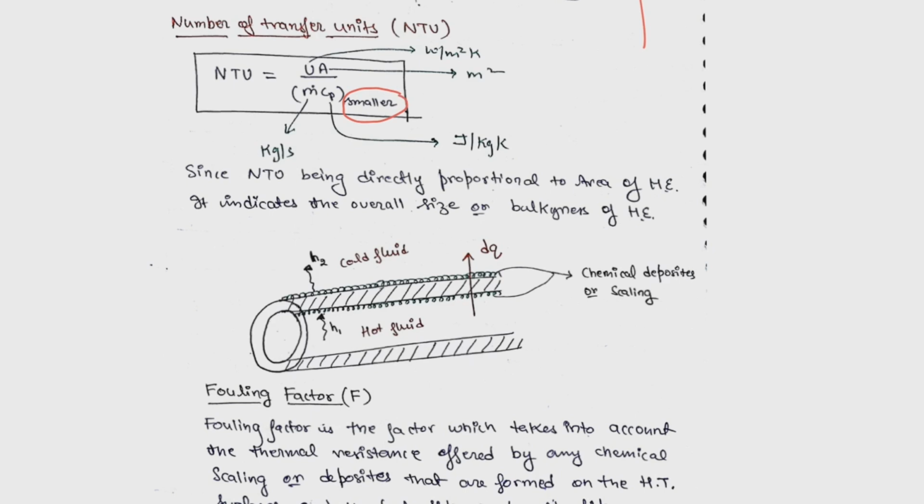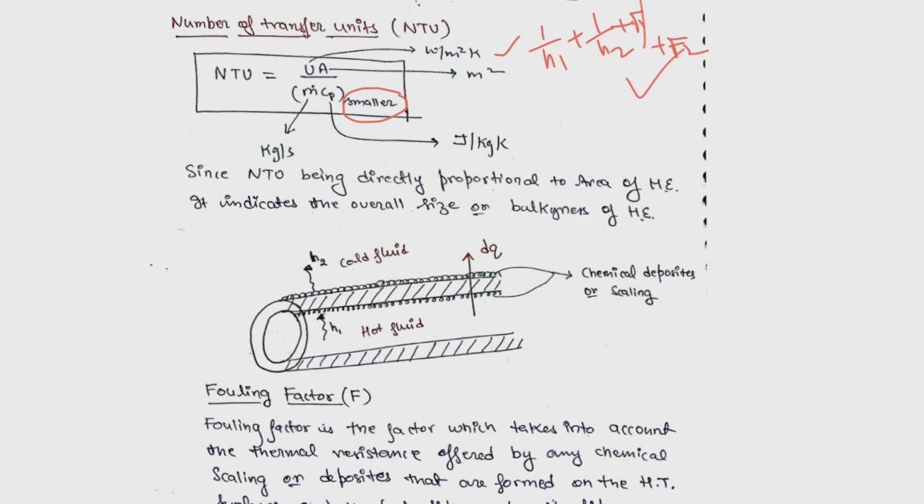This is very important, where U is the overall heat transfer coefficient, which is equal to 1 by h1 plus 1 by h2, provided there is no fouling on the pipes. If there is fouling, then we will add f1 and f2, where f1 is the inside fouling factor and f2 is the outside fouling factor. That I will explain when I discuss fouling factors.